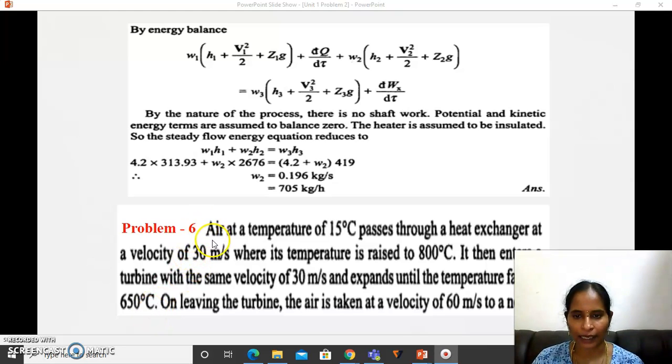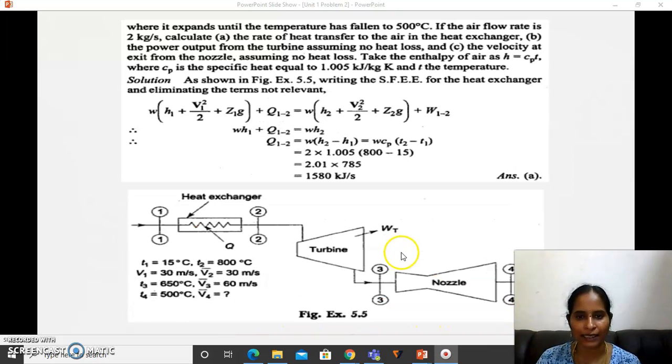Here the inlet temperature is higher than the exit temperature, and the velocity remains the same; only the temperature of the air is raised in the heat exchanger. On leaving the turbine, the air is taken at a velocity of 60 meter per second to a nozzle, where it expands until the temperature has fallen to 500 degrees Celsius.